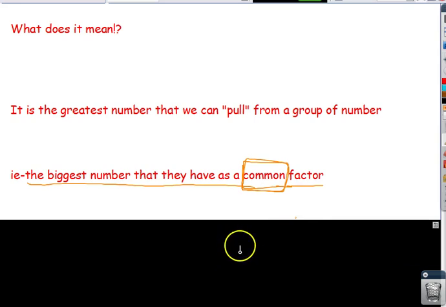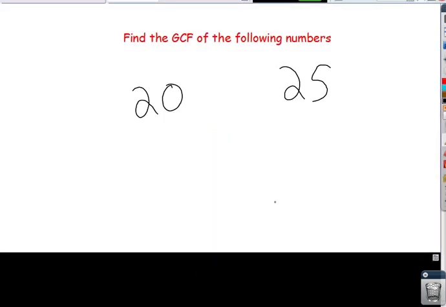So, let's take, for example, just a numerical example here. 20 and 25. Find the GCF. So if I do the factors of 20, now I don't expect you to do this every time: 1 and 20, 2 and 10, 4 and 5.